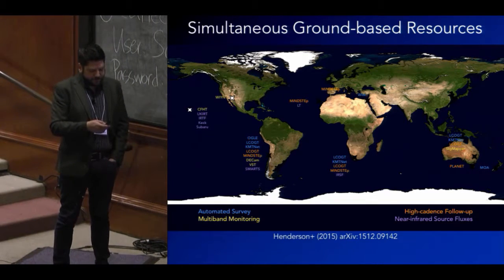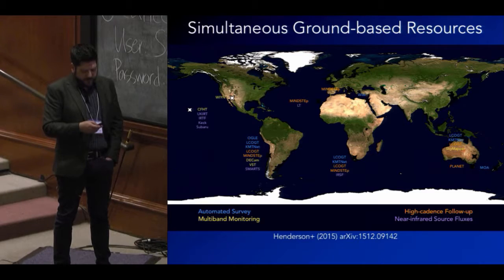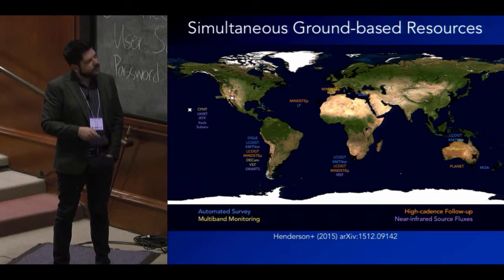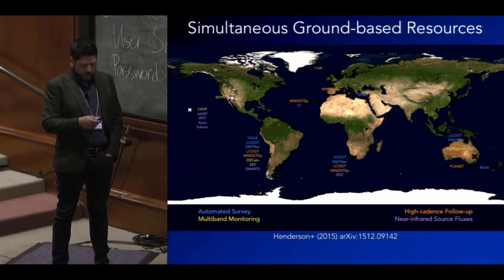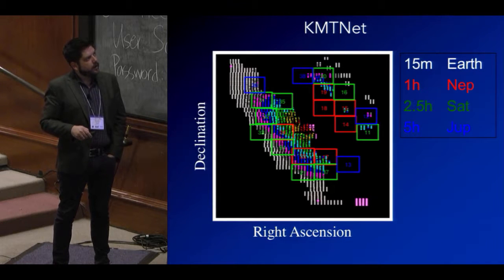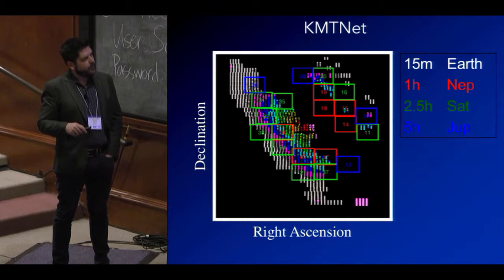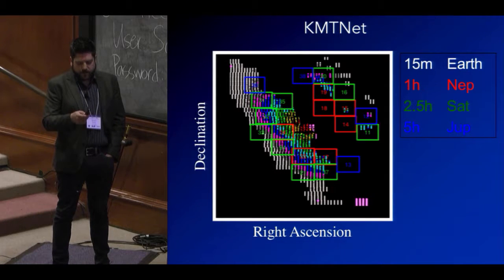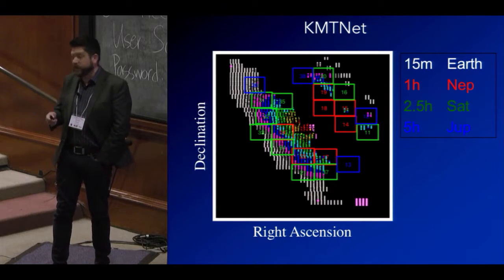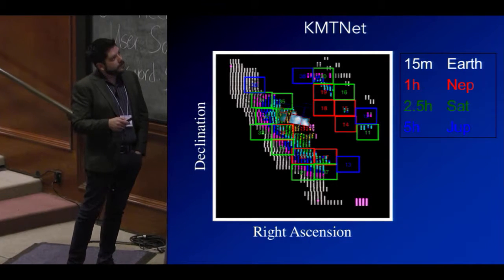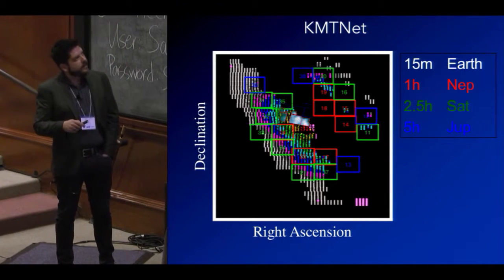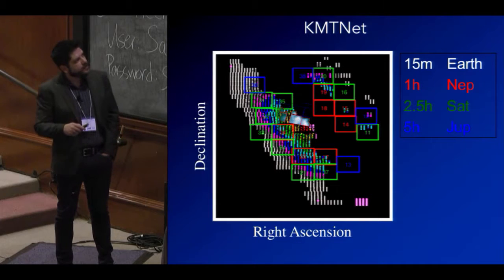There's lots of data. And so what we hope to do is be able to look for microlensing events in Kepler and also in the ground, and see if we can see a difference in their properties due to the microlensing parallax. And so one survey that's going to help with this is this KMTNet that I mentioned.